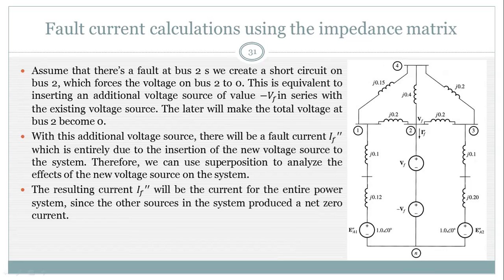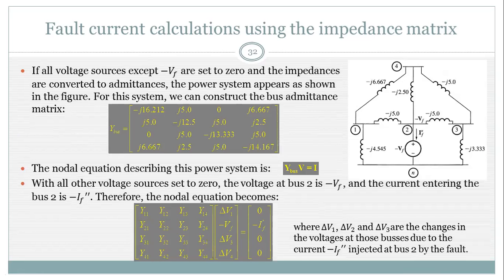So the voltage source should be eliminated and the short circuit branch voltage should be 0. To represent this, two opposite voltage sources are connected in series. Now this is the admittance diagram, which we can easily draw from the impedance diagram, and based on this admittance diagram, this is the Y bus matrix or bus admittance matrix for this particular power system.